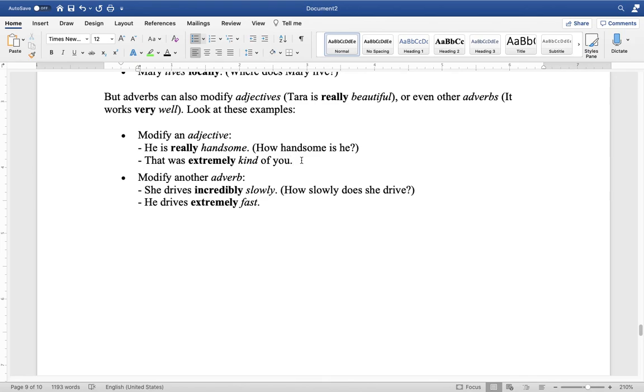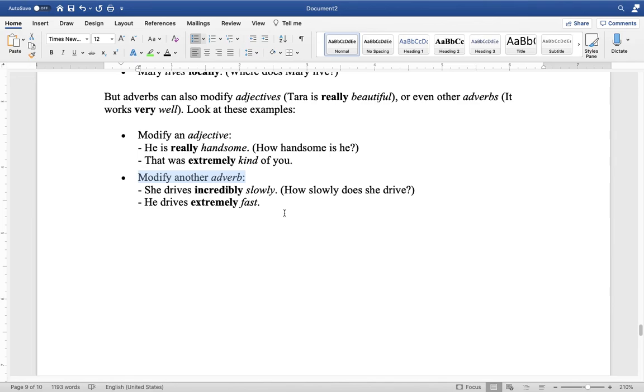So if you give it to the reader, it's going to make different sense. So how do you communicate that information to the writer in a way where you're not just saying that's extremely kind? Because that may make sense to the reader or to the writer, but if you don't explain it in a way that's more specific and explicit, it's not going to convey any meaning to the reader.